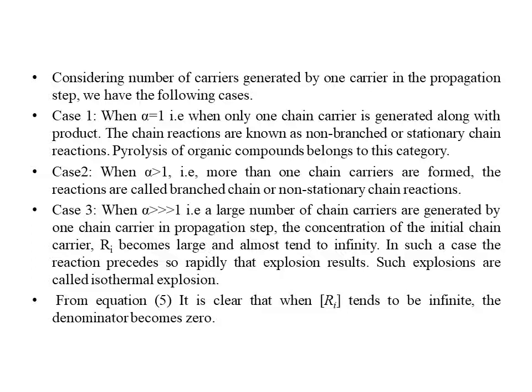That is case number 1, when alpha is equal to 1, only one chain carrier is generated along with the product. These are non-branch or stationary chain reactions. You can quote the pyrolysis of organic compounds as an example.